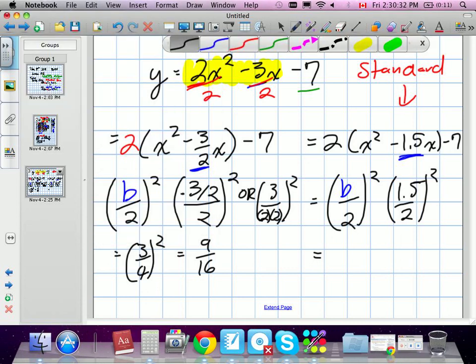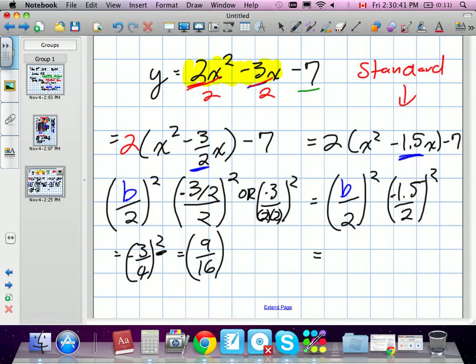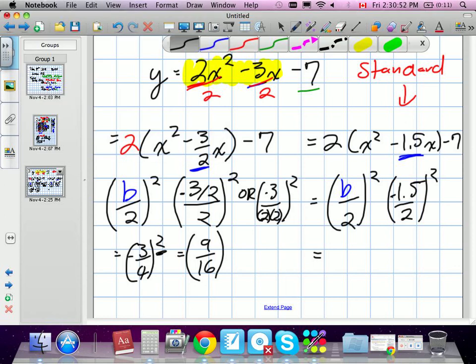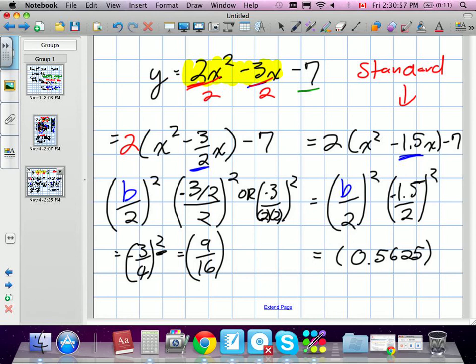This was supposed to be negative, but luckily once we square it, we're going to have a positive answer. Same with this here, and I think I typed that in the calculator wrong. So let's try this again. 1.5 divided by 2 squared, a little better, 0.5625. Those there are the numbers. These are technically the same number that we're going to add and subtract to the equation.